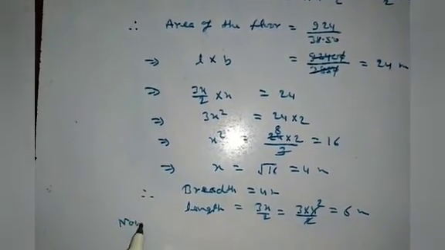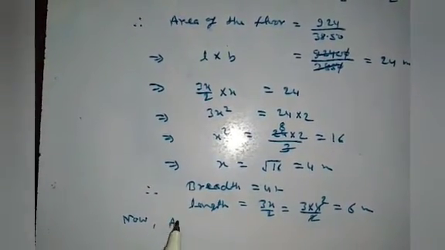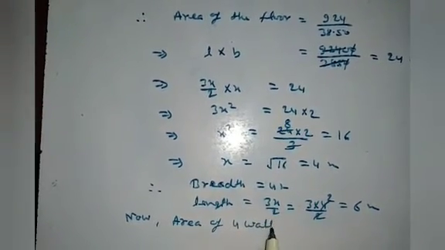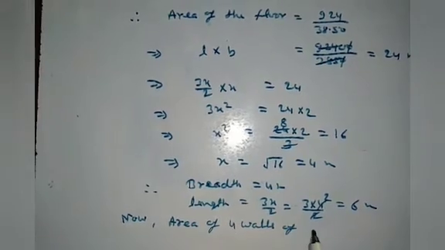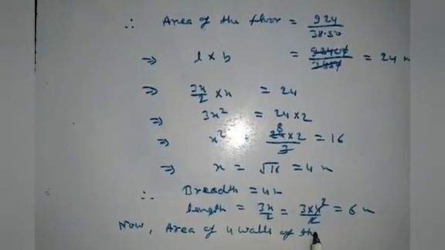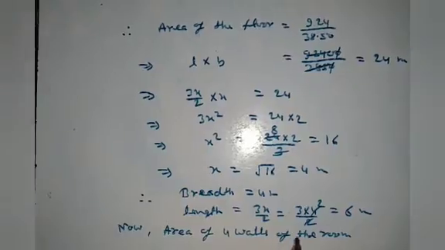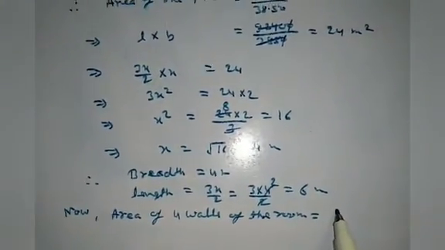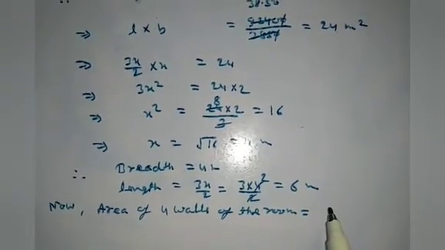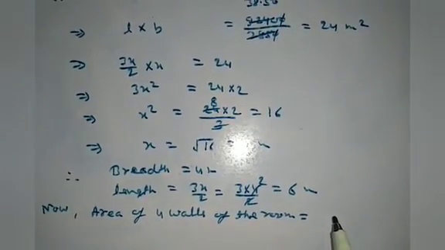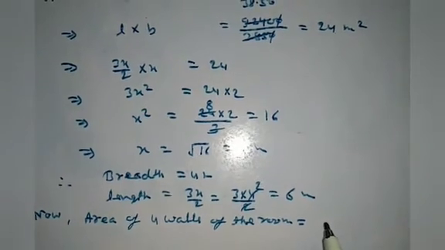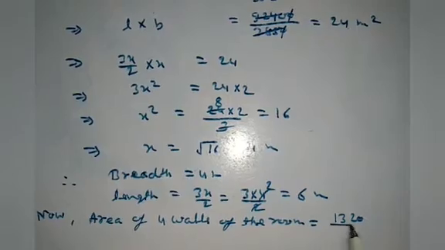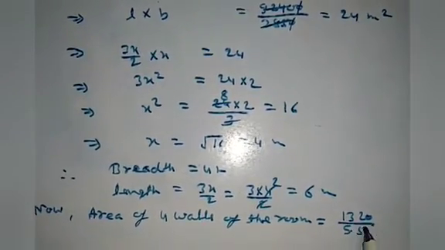Now the area of 4 walls of the room equal to total cost of painting the walls divided by rate of painting the walls, equal to 1320 divided by 5.50.